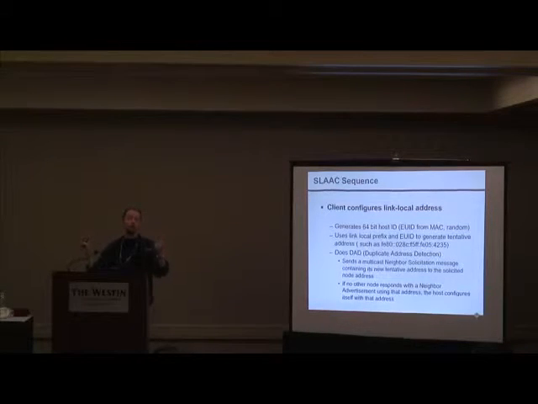Temporary, I'm not sure if it's usable yet, but that's what I'm hoping that I can use. Then it does what is called duplicate address detection, or DAD. It will send out a neighbor solicitation ICMP message, multicast, to the all nodes multicast address, saying, is anyone else using this address? If no one answers, it says this is available, and it will permanently configure it.